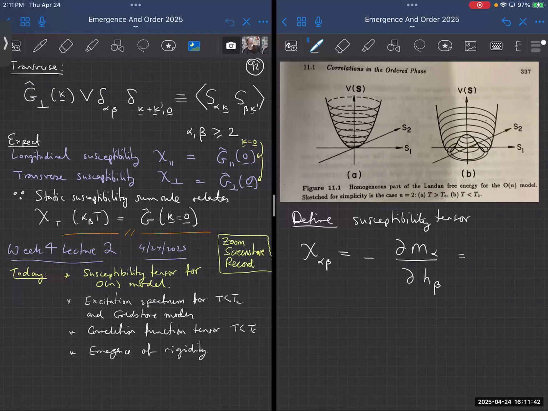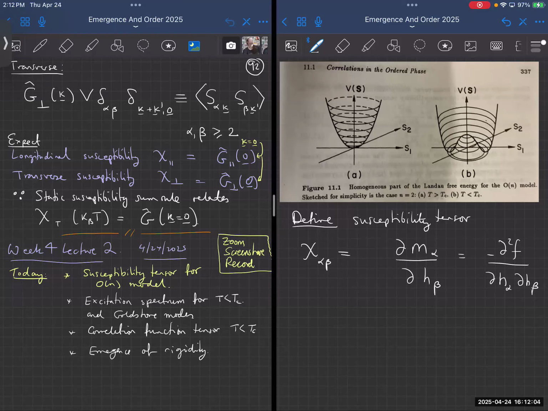And this thing is equal to, because dm by dh is minus df by dh, I think that this one probably is right: d2f by dh alpha dh beta.